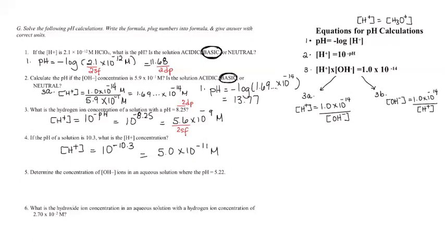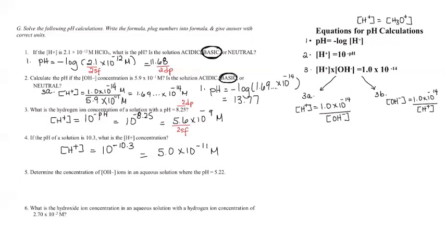In number 5, it says determine the hydroxide concentration, but I have the pH. So if I'm given pH, but now I'm interested in hydroxide of that solution, then we need 2 equations for that. We need equation 2 followed by equation 3b.